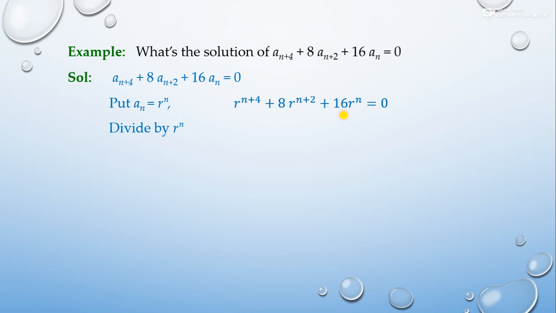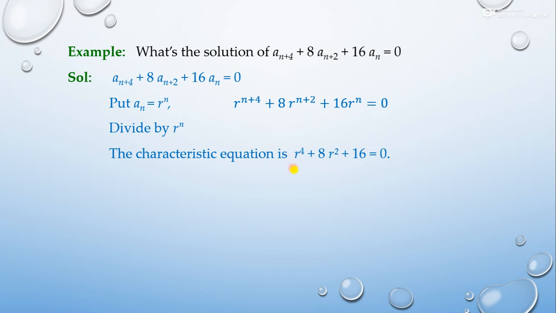But here the lesser term is r raised to the power n, so we divide this equation by r raised to the power n. So we get our characteristic equation, that is r raised to the power 4 plus 8r square plus 16 is equal to 0.